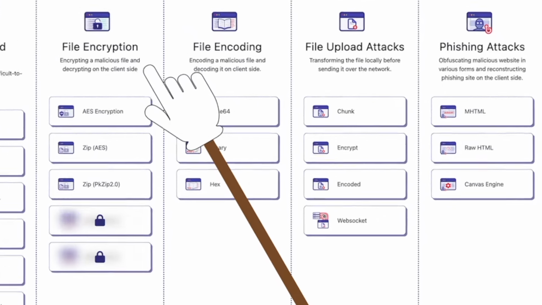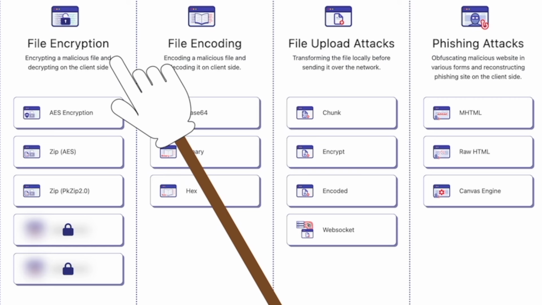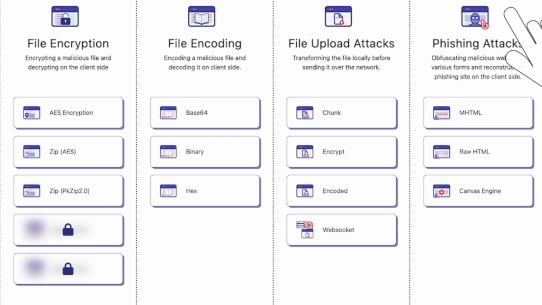You could encrypt the file, but this is not the type of encryption that I show when we try to bypass antivirus programs. This is an encryption that makes the file unusable. And then when it's downloaded, you decrypt it. Same with the encoding. And then we will also talk about the phishing attacks in a minute, and I'll show you how to do that step by step.